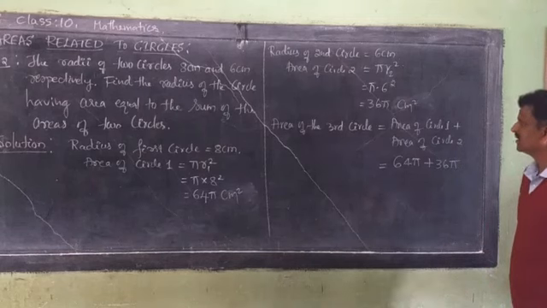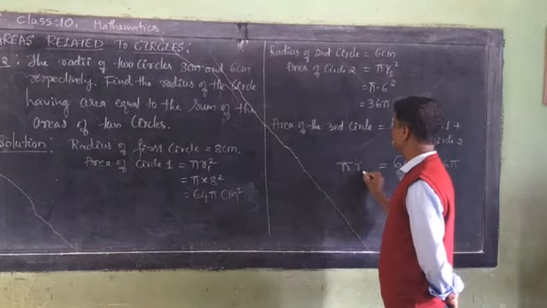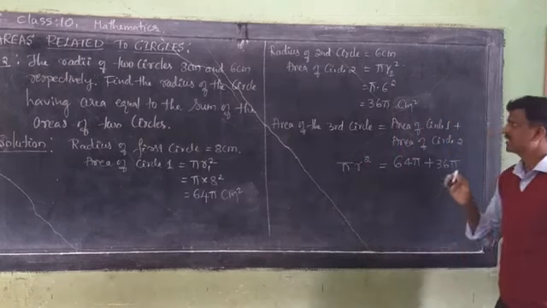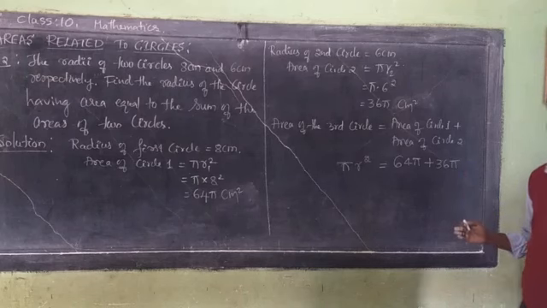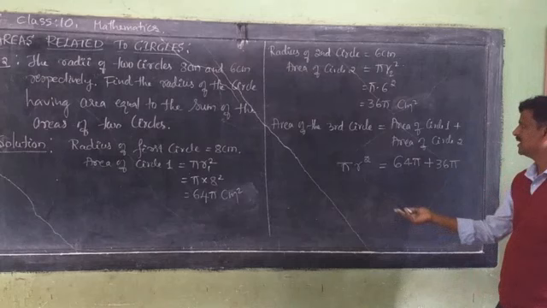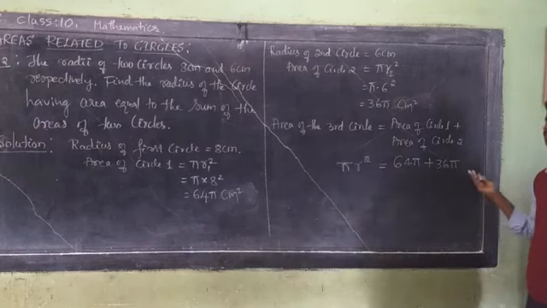Here, area of the third circle is pi r square. We will consider the radius of the third circle is r. Then area of the third circle is pi r square. Pi r square is equal to 64 pi plus 36 pi.